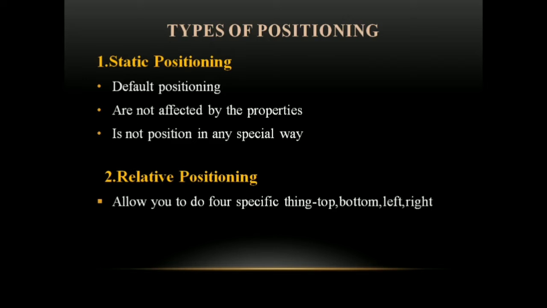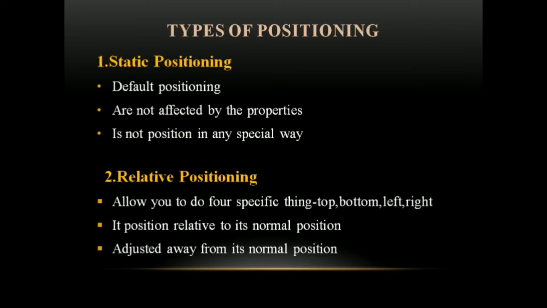An element with position relative is positioned relative to its normal position. Setting the top, right, bottom and left properties of a relatively positioned element will cause it to be adjusted away from its normal position.